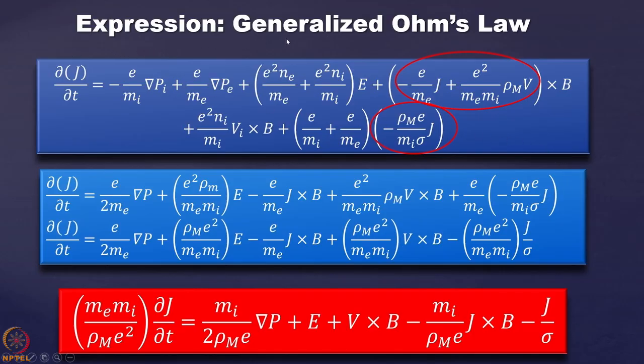So in the next class we will reach the final expression for generalized Ohm's law, and we will see under what condition we can reduce the generalized Ohm's law into the Ohm's law which we know from our early days. Okay, so this much now, we will meet in the next class. Thank you.